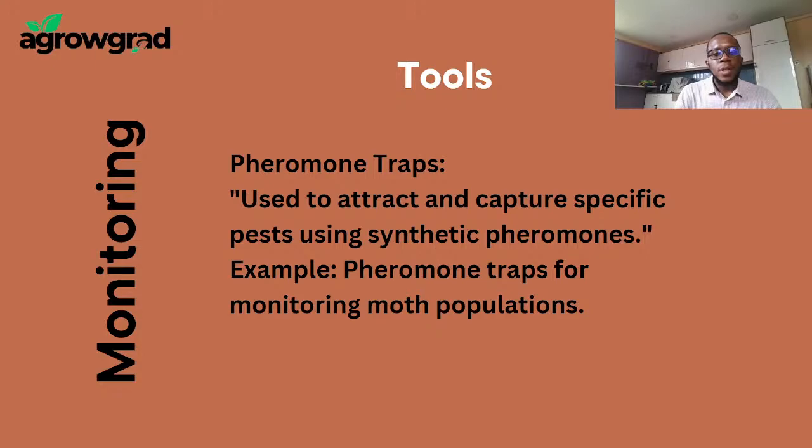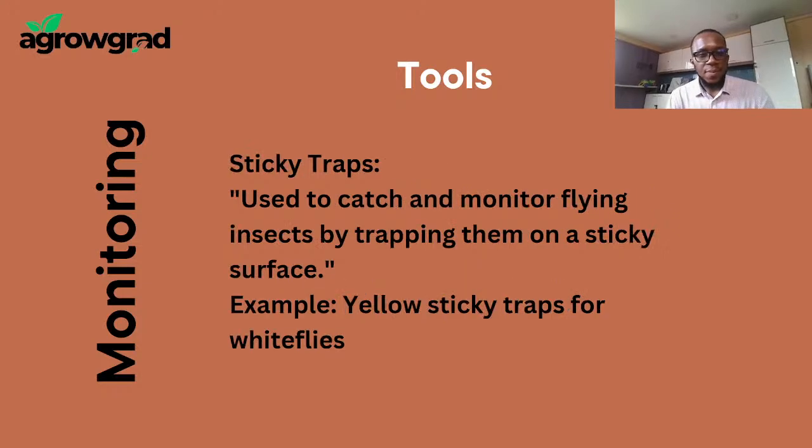You can calculate that over a specific time period, and that way you'll have marginal data to work with in monitoring your pests. Sticky traps also work. Yellow sticky traps are great for this.